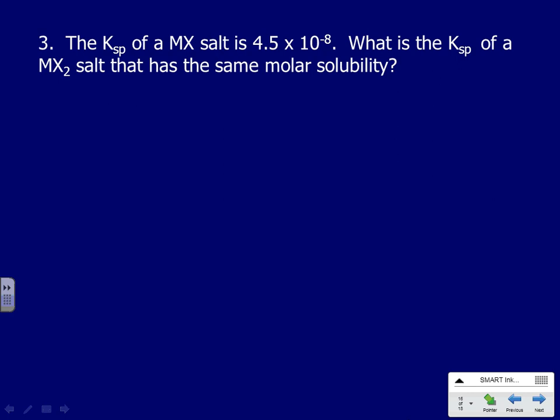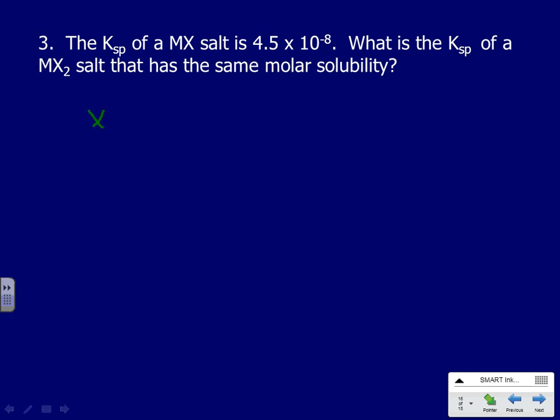Yep, go ahead. What else would you do? Yeah, find the x, the molar solubility of that MX salt, and then take that solubility and put it into the MX2 equation and find the Ksp. Then we can compare those directly. That would mean that they would have the same molar solubility.